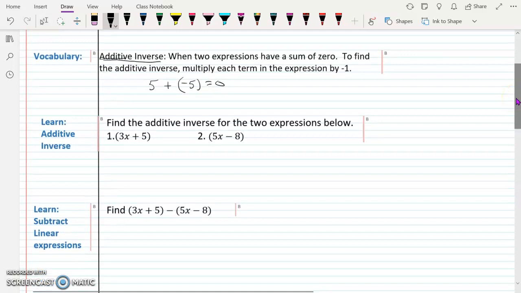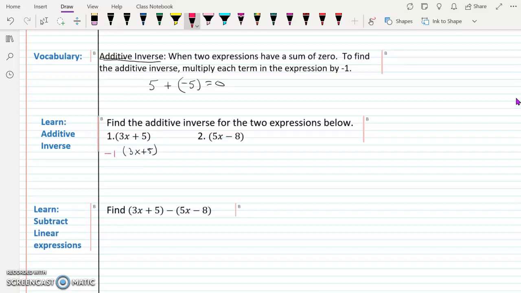So to do that, the instructions say to multiply each term in the expression by -1. So if I take the expression 3x plus 5 and I multiply that by -1, I end up with a new expression that would be an additive inverse, which would be -3x minus 5.